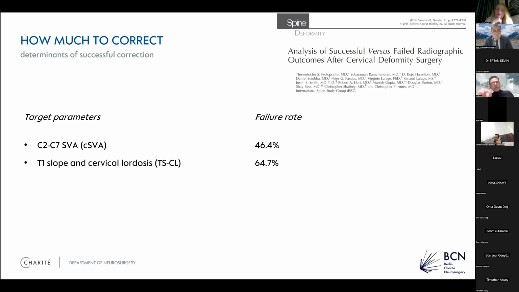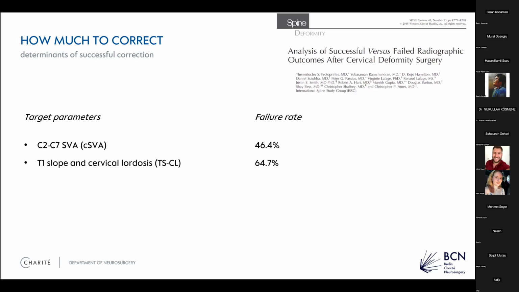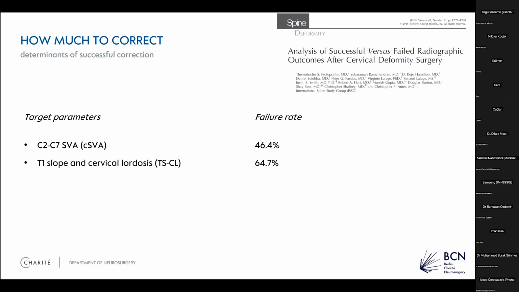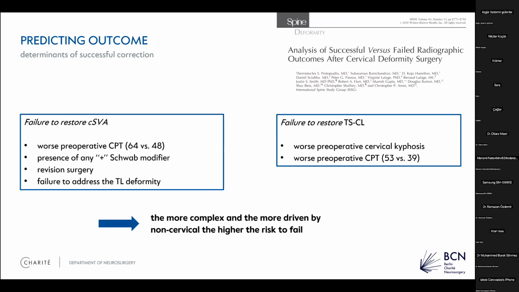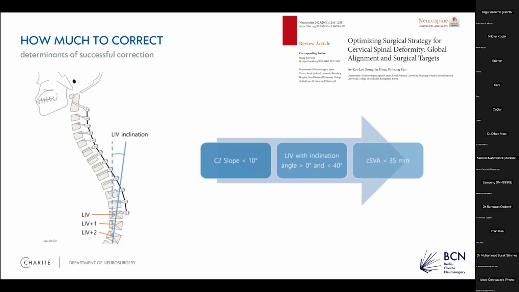So it's very difficult today to have a good understanding of how much you have to correct. And you really have to discuss these cases with some kind of image analysis or in an interdisciplinary setting.